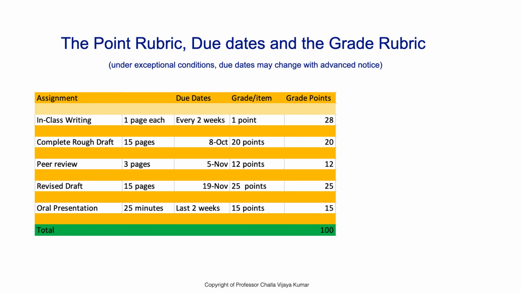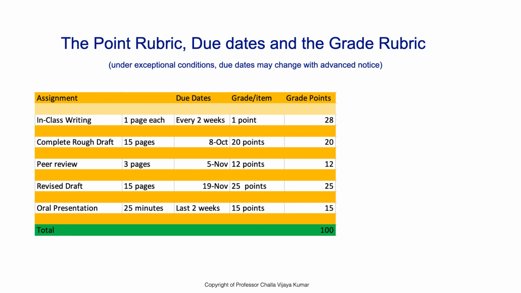Then the revised draft, which is based on the peer review comments and my own comments on the rough draft. You're going to update it, and whatever else you think needs to be improved should be included in that.